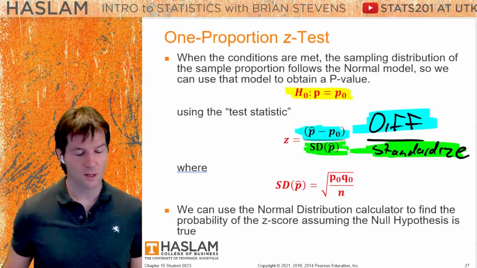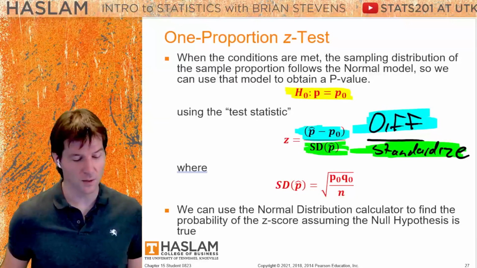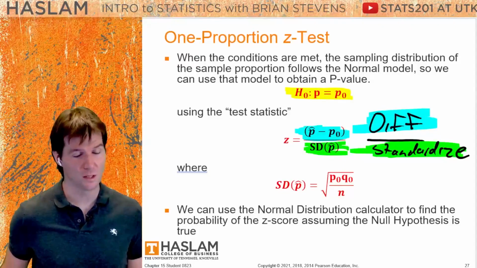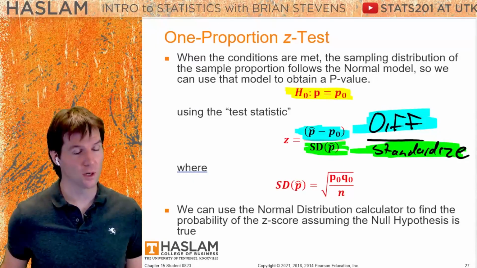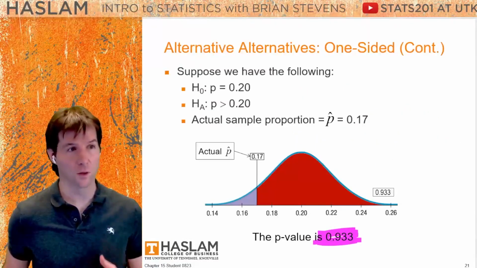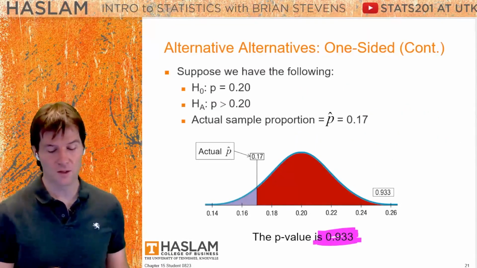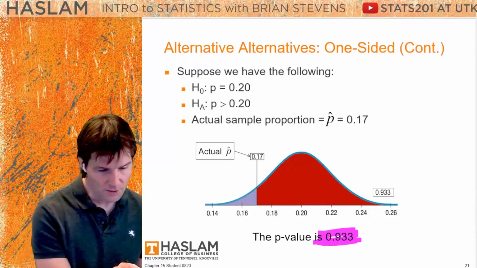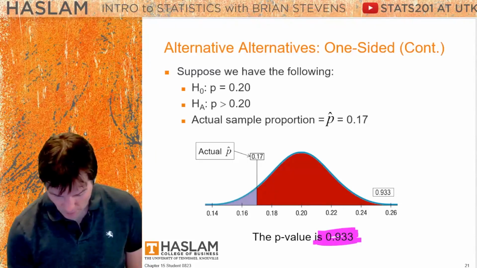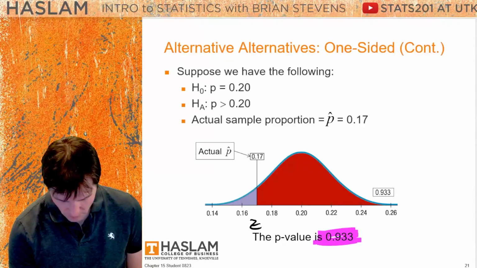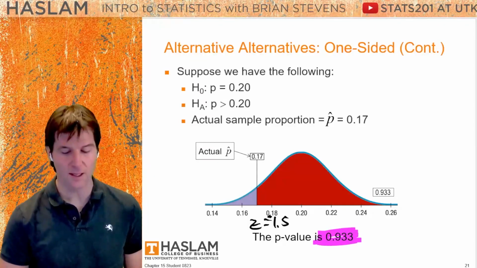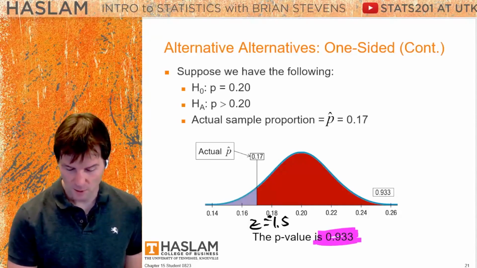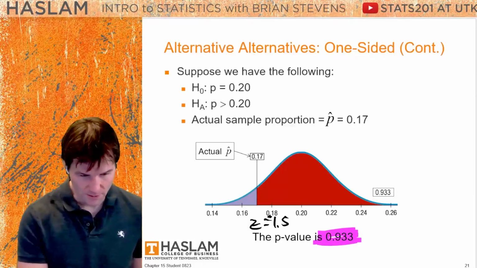Now, what we need to do is find the p-value. And this is usually where students get stuck. To find the p-value, you need to go to the associated curve. The z is the normal curve. Once you get the z-score, the z-score on this curve would actually be a z-score of negative 1.5. Don't forget your negative right there. How do I know that? Well, look at the standard deviations.